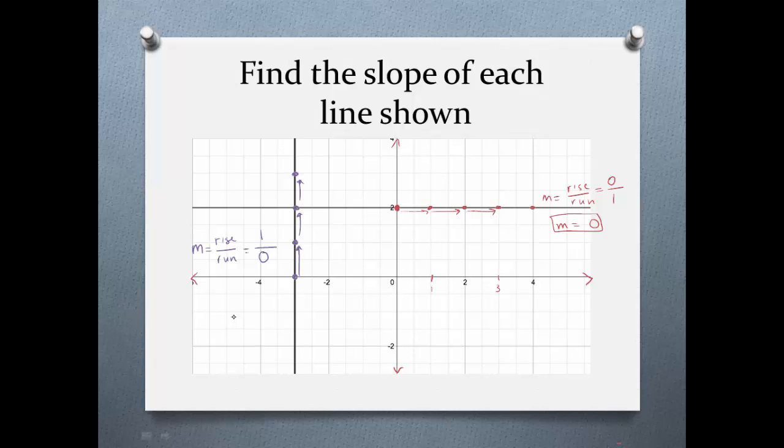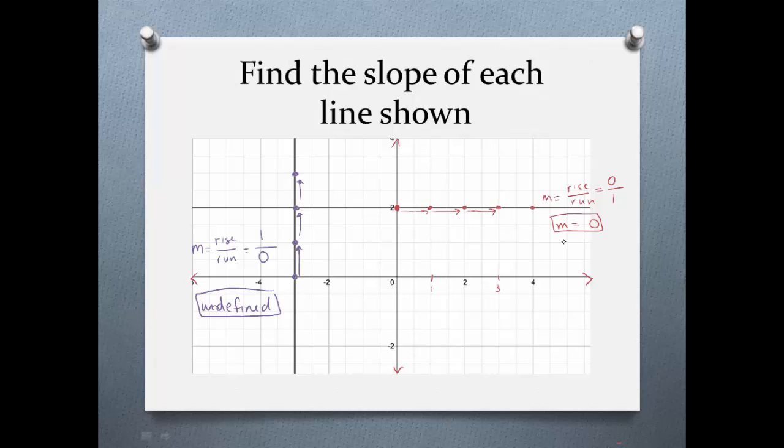And as you know, when you have a fraction with 0 in the denominator, that is undefined. So vertical lines have a slope that's undefined, and horizontal lines have a slope that's 0.